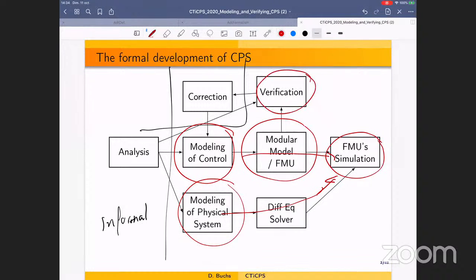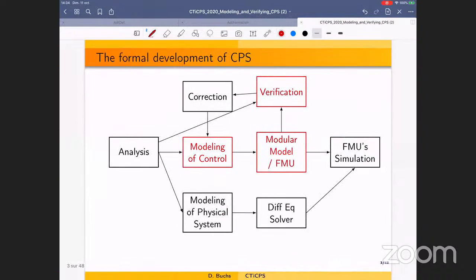So this is the part that are formal. So here, the formal part of the activity. And I would like to propose some approach, and in particular, to show that using a high-level model, we can really model in detail the system and later perform verification.